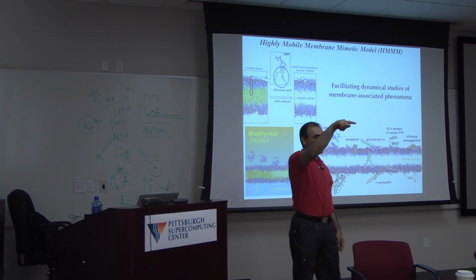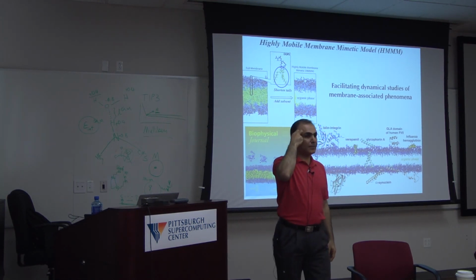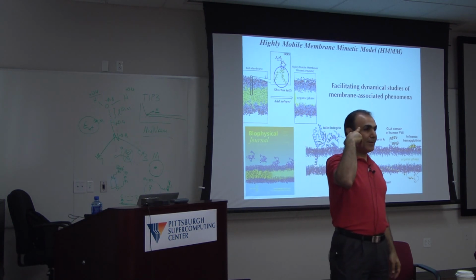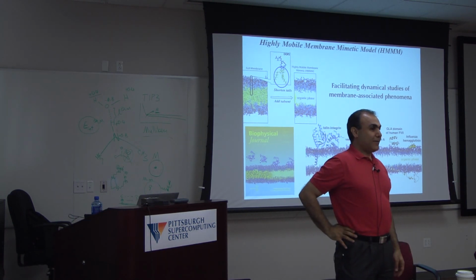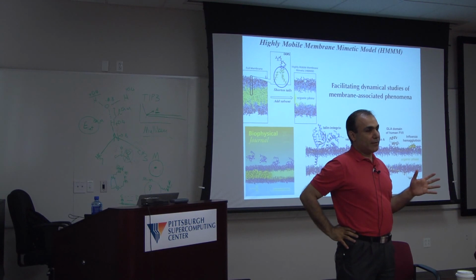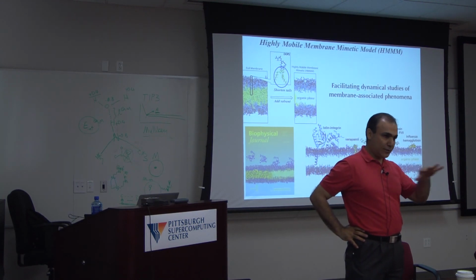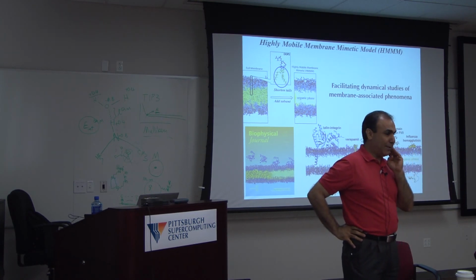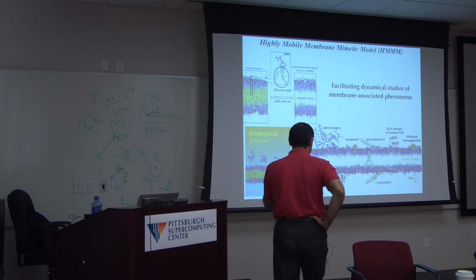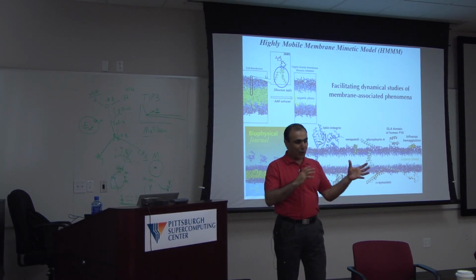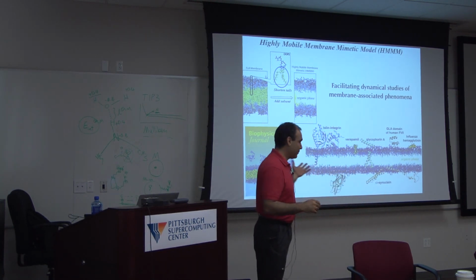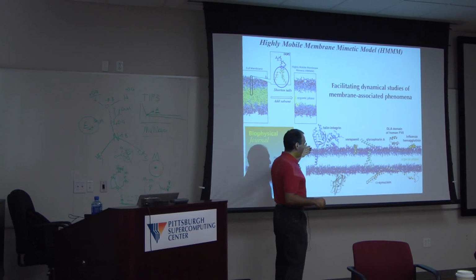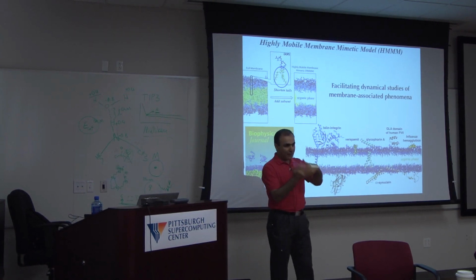There was one question, yes? Do you see establishment of a Gouy-Chapman layer or things like that? So, we looked at the dipolar potential of the membrane, and we are doing fine there, water distribution and everything is fine, but we haven't got there yet. Many people ask me about all the properties of the membrane from this. Here, our main intention is to have a fast enough exchange of lipids.